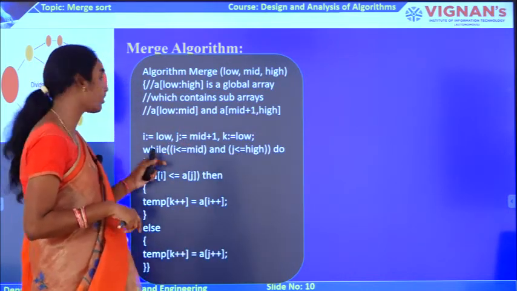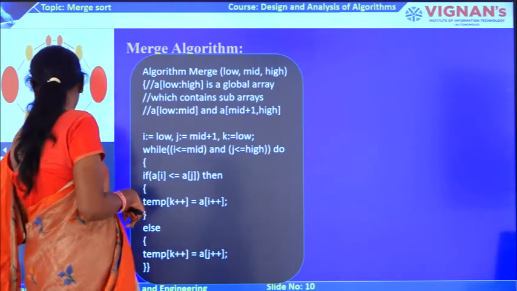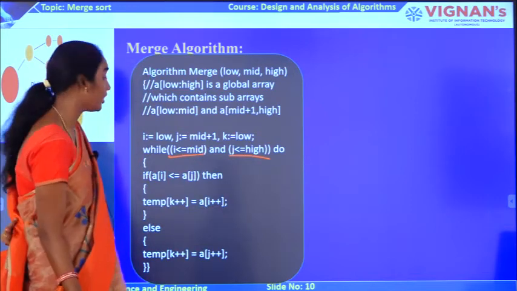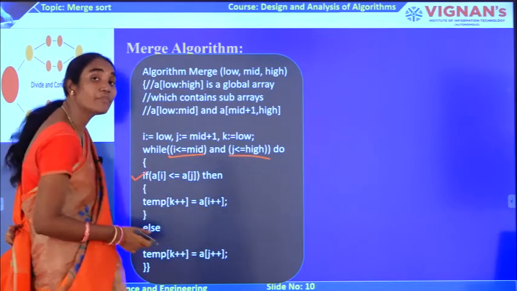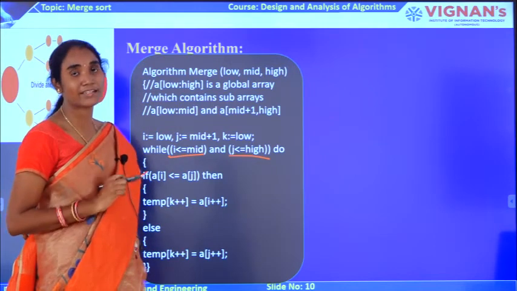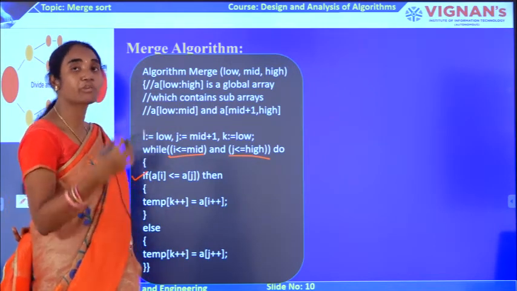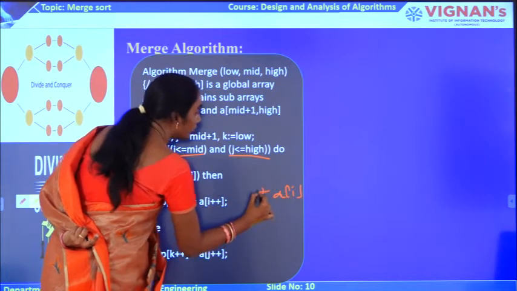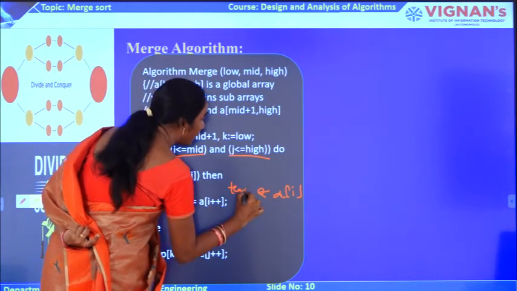So while i is less than or equal to mid and j is less than or equal to high, I check if A of i is less than or equal to A of j. What it means? A of i is the smallest element, so A of i I need to keep in the temporary array, temp of k.